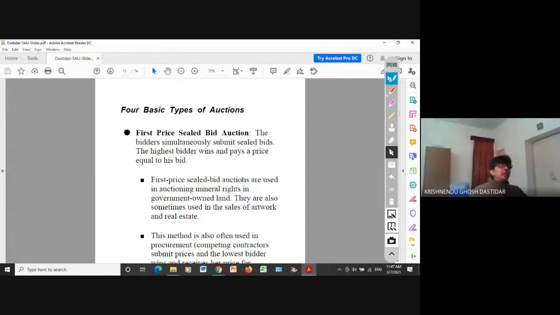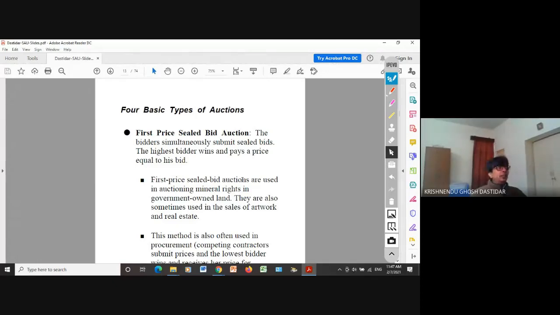The bidders simultaneously submit bids in sealed envelopes. This means while you are bidding, you don't know what others are bidding. The auctioneer collects those envelopes and opens them. The highest bidder wins and pays a price equal to his bid. This is called a first price sealed bid auction.